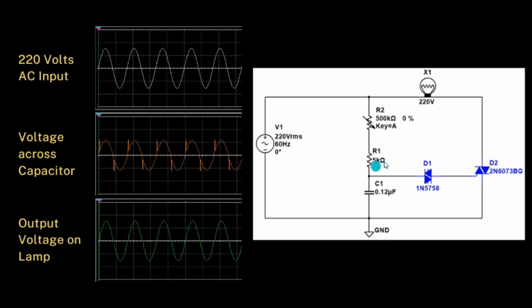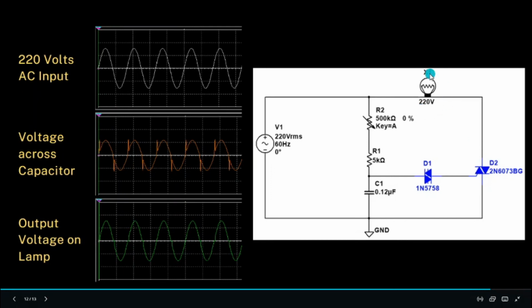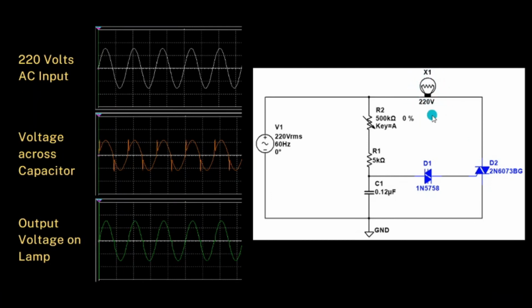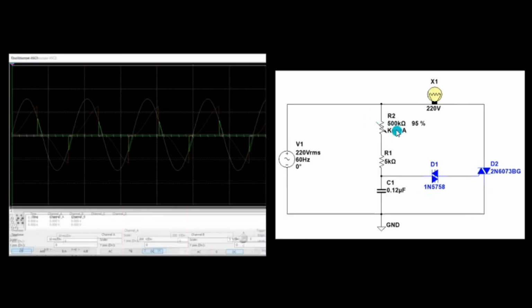In this case, the output is hot. But if we turn the knob and increase the resistance, then it is no longer as hot. So we can control the temperature with this particular circuit.